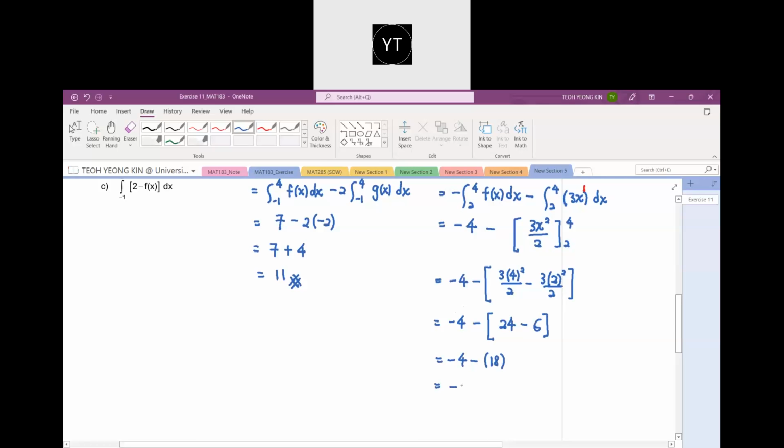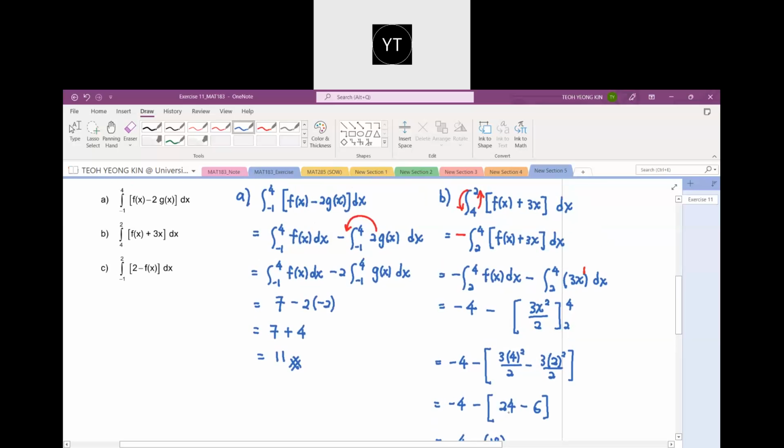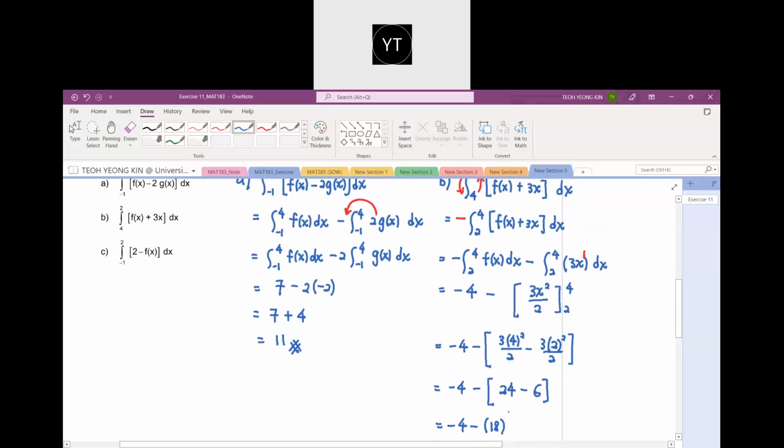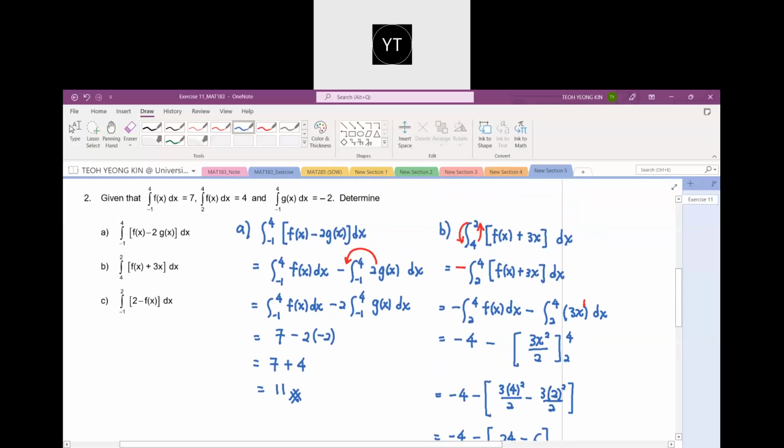-22. So this is the answer for question 2b. We have to interchange the limits. Don't forget, when you interchange, you have to put a negative in front of the integral. So from this part, we separate into 2. This one we need to integrate manually.